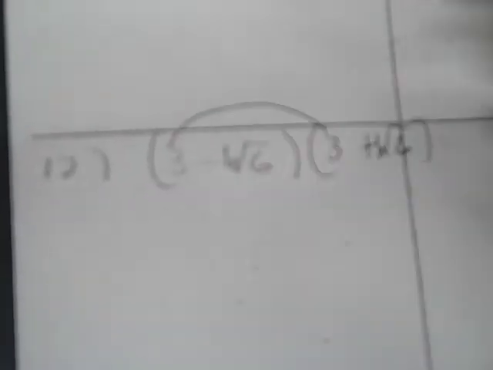Okay, next one. Switch your minus to plus. Put a 1, put a 1. And now it's FOILing time. So 3 times 3. 3 times 1 square root 6, negative 1 square root 6 times 3, and negative 1 square root 6 times 1 square root 6.